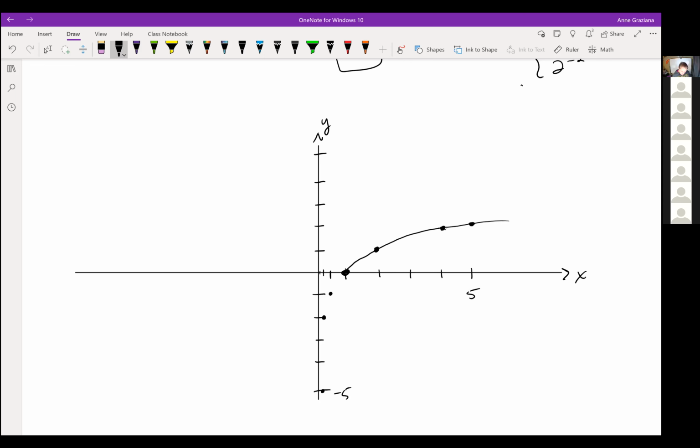Okay. So as we get closer to 0, what's happening to this graph? It's getting close to 0, but it will never touch it. So that's what we know. This x equals 0 is a vertical asymptote. And this log graph is never going to touch it, okay?